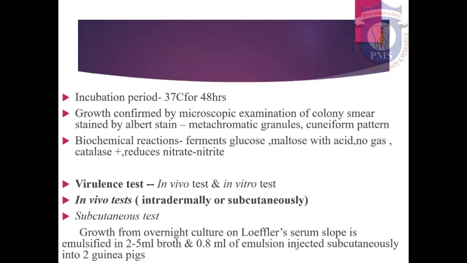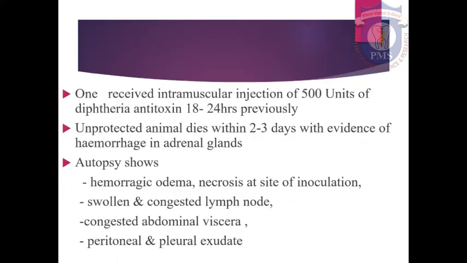So the next test under lab diagnosis, virulence test. There are two types of virulence test, in vivo test and in vitro test. In vivo test can be done intradermally or subcutaneously. So subcutaneous test, how we can do it: growth from overnight culture on low fluorescence serum slope is emulsified in 2 to 5 ml broth and 0.8 ml of emulsion is injected subcutaneously into 2 guinea pigs.